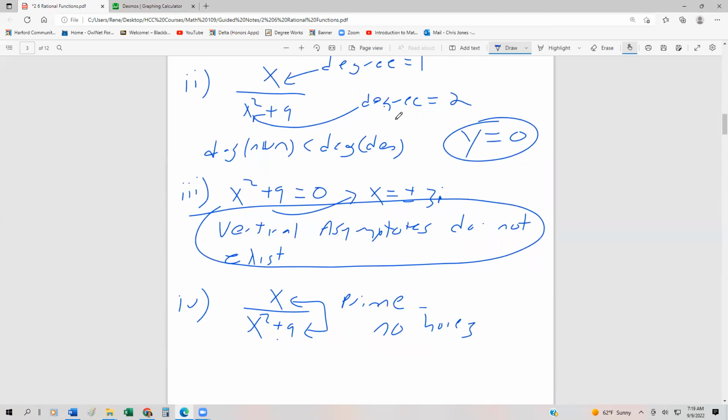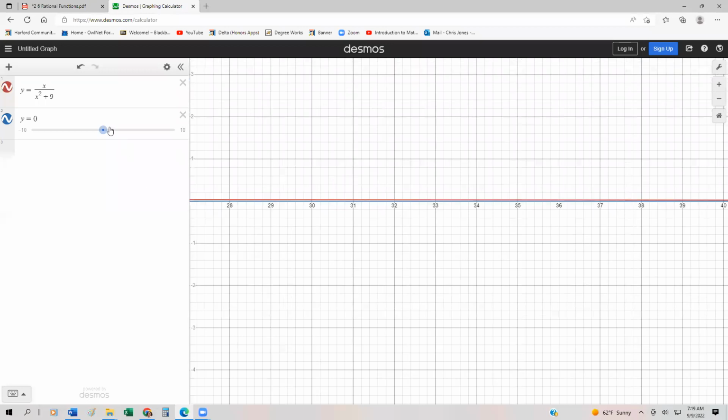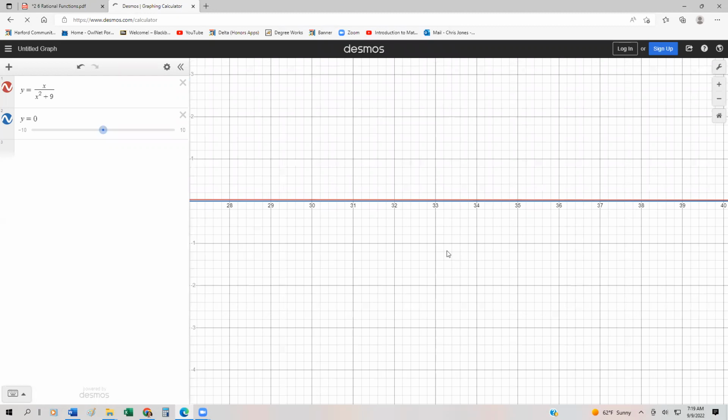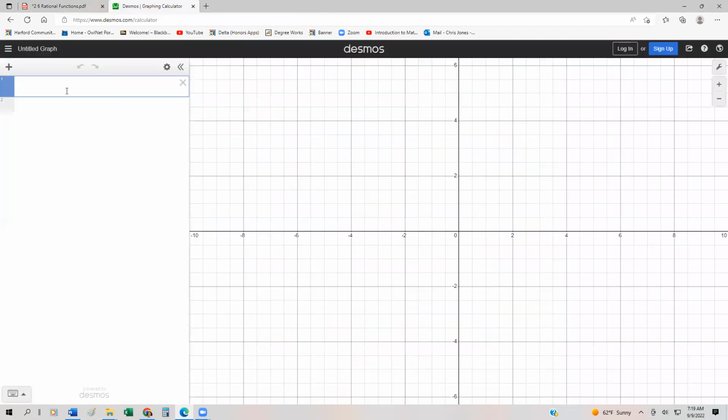Now, the last thing we'd like to do is graph this just to verify. So if we go to the graph, let me reset this. And we have y equals x over x squared plus 9.